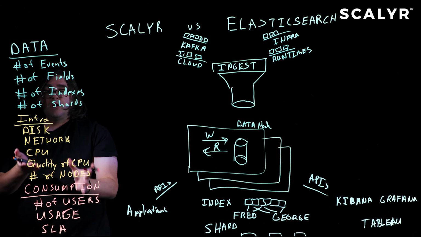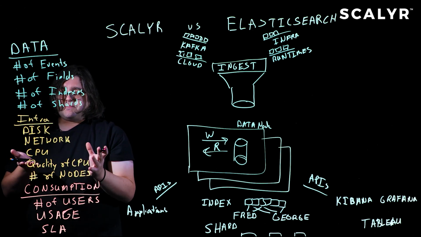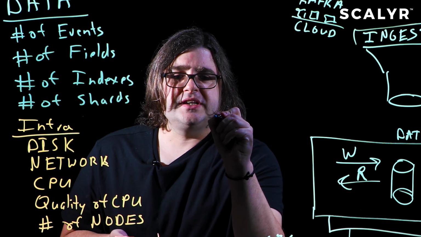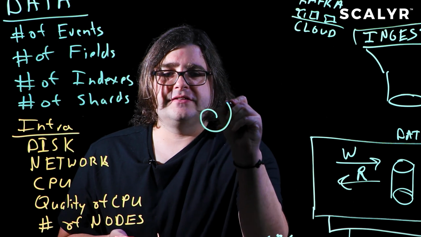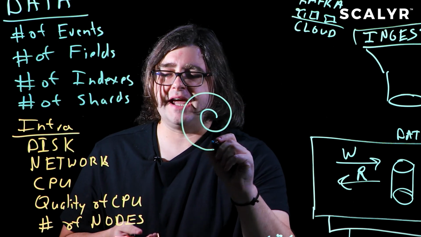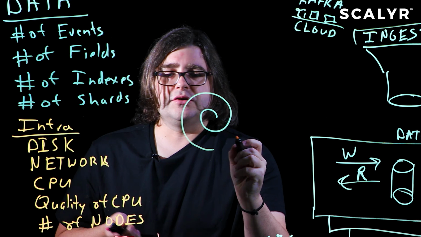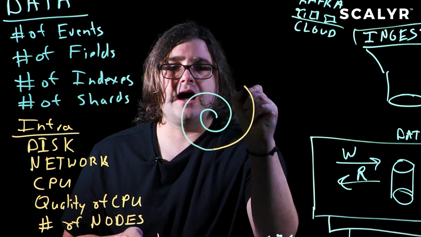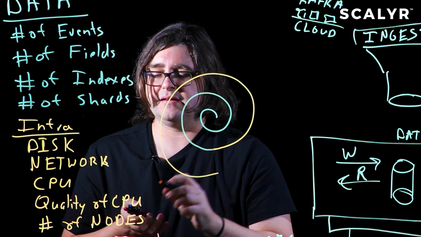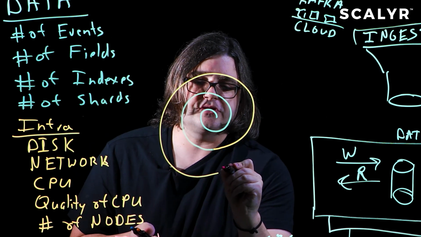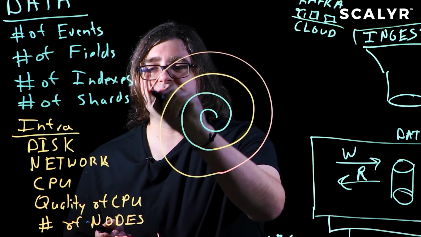But when you end up with all of these dimensions that you have to care about, you end up in this spiral effect, where first you're worrying about your data, and then you start thinking about your infrastructure and how that's going to scale to meet the events coming in. And then of course, throw in the users, and it just gets worse and worse and worse.